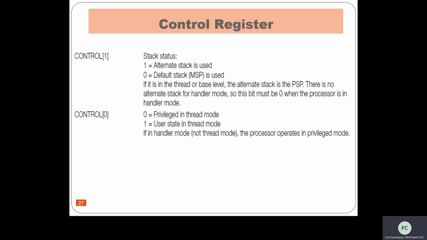Special function registers perform very specific operations. They are available in almost 90% of controllers. But in the Cortex M3 processor, these special function registers perform very specific operations.